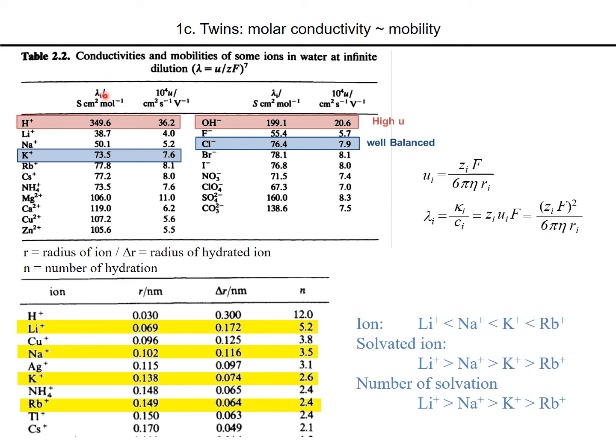I'll explain the extraordinary values of the lambda or mobility for H plus and OH minus in the following slide. Before going there, I'd like to focus on some alkali metal ions.